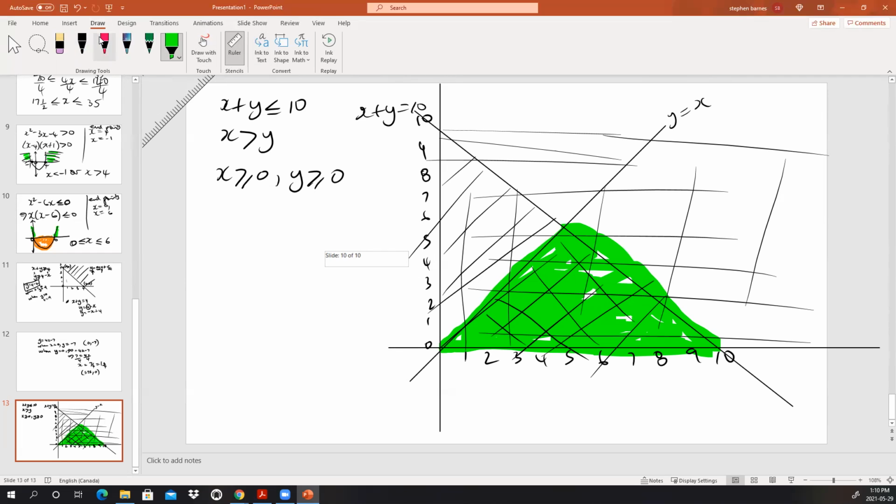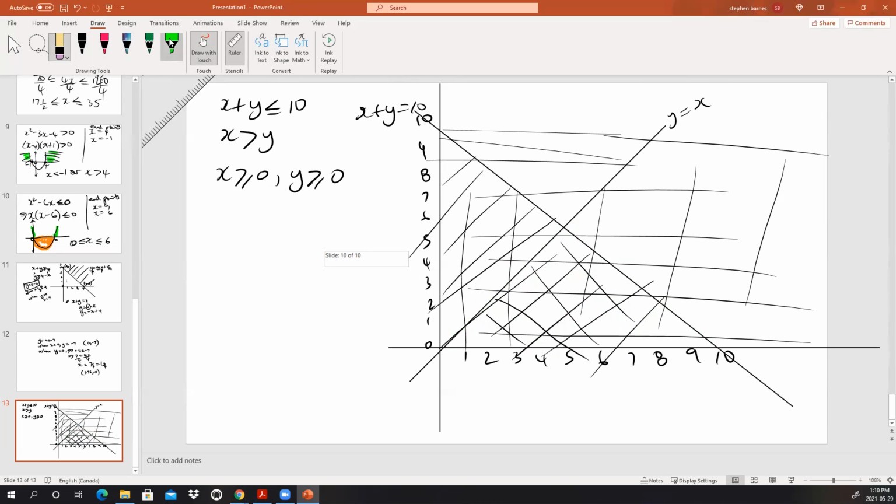Of course, within the border, right? Kind of hard to get it done properly. Let me try again. So within the lines, this is what we're concerned about. And then shade, shade, shade, shade, shade. You get the point.